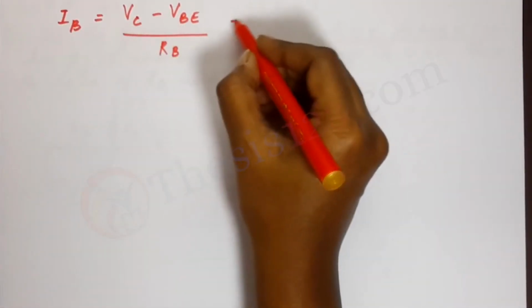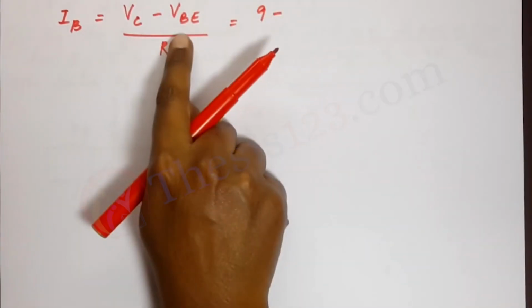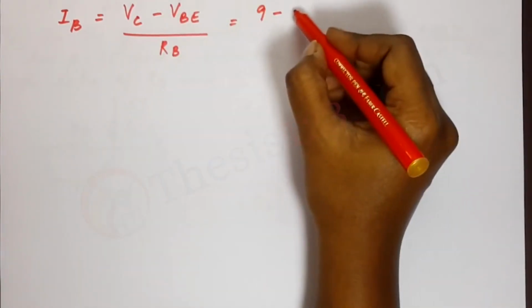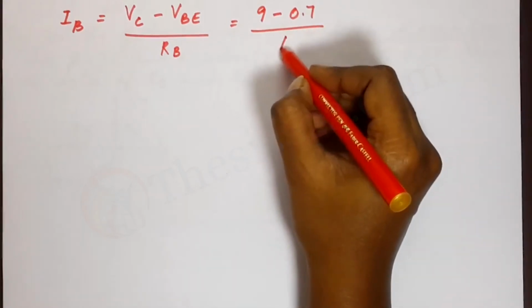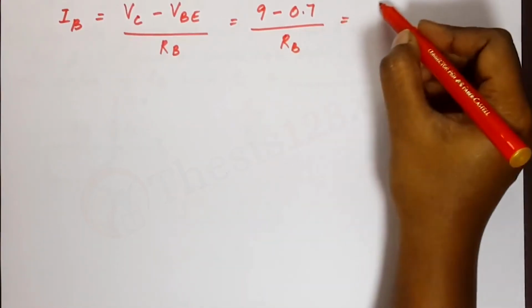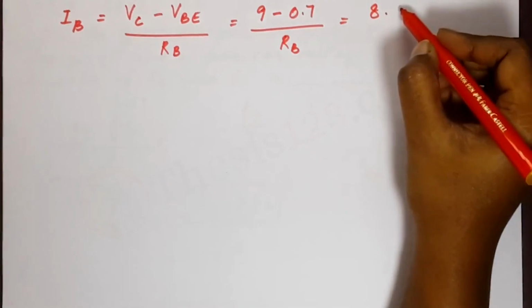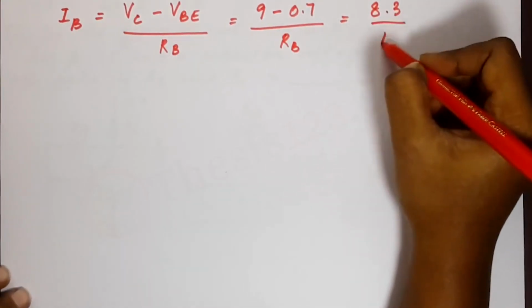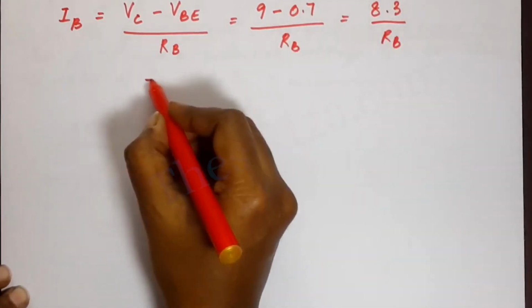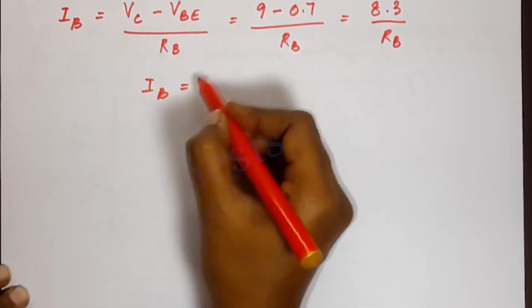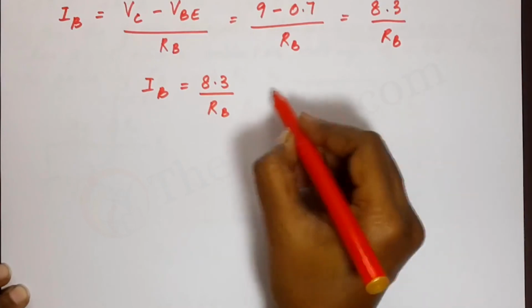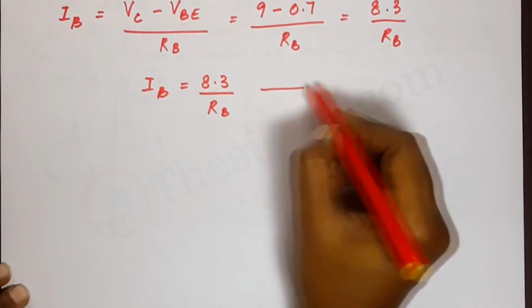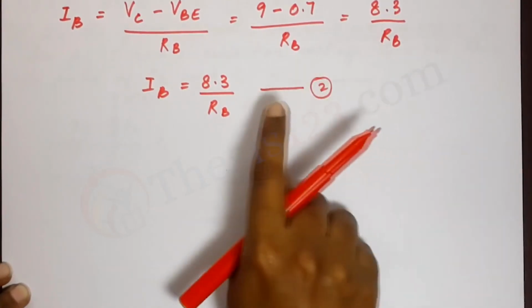So VC is given to us as 9, minus VBE, the standard value I mentioned earlier, which is 0.7, divided by RB. So this is 8.3 divided by RB. That gives us IB is equal to 8.3 by RB. So this is our next relation, number 2.